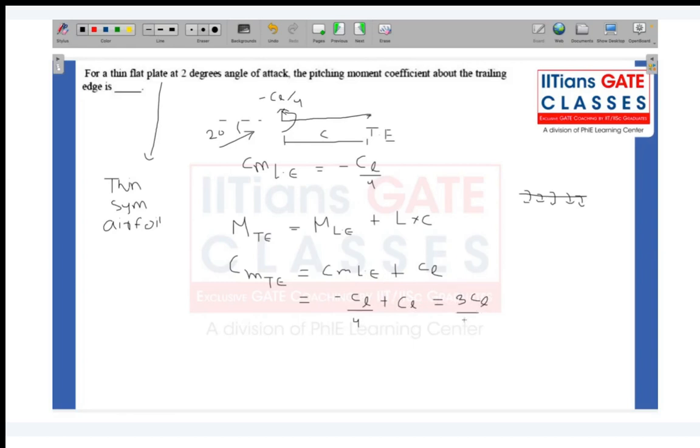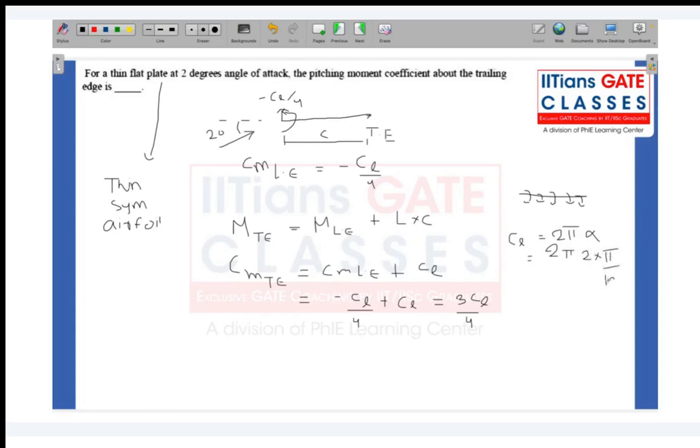And you have a thin flat plate at 2 degrees. So CL can be evaluated as 2 pi alpha. And alpha here is 2 degrees, so converting it to radians, 2 pi into 2 into pi by 180. Right.